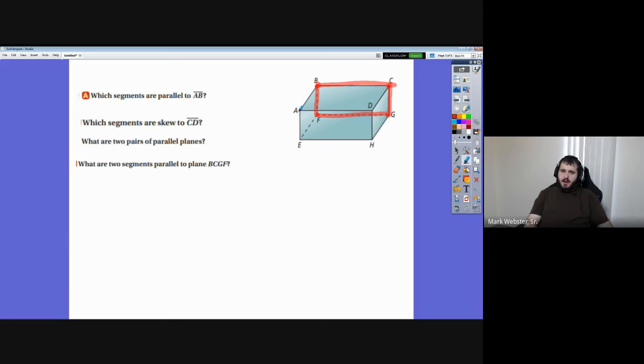So you could pick any of them. You could pick AE. You could pick DH. You could pick EH. You could pick AD. All four of these segments up here on the front face, they're parallel to the back face, right? And that's all we're talking about.